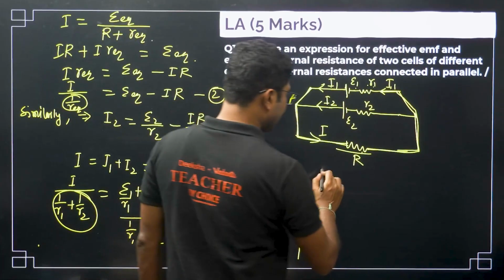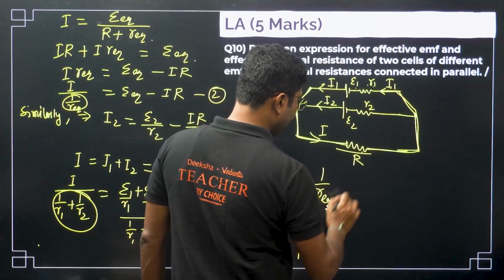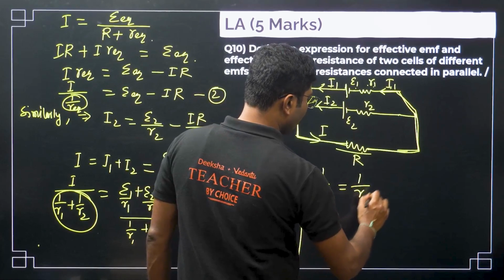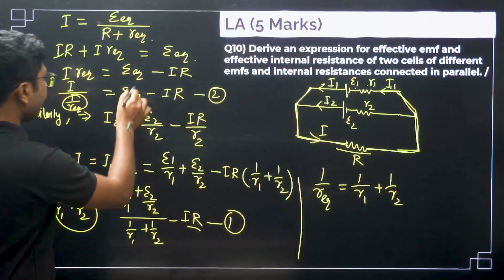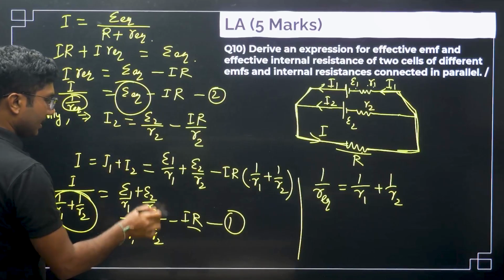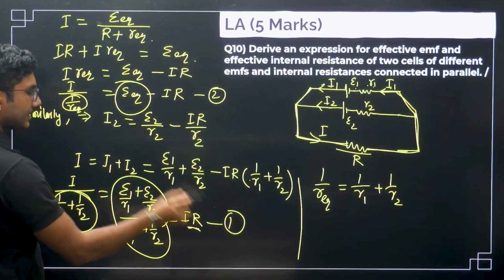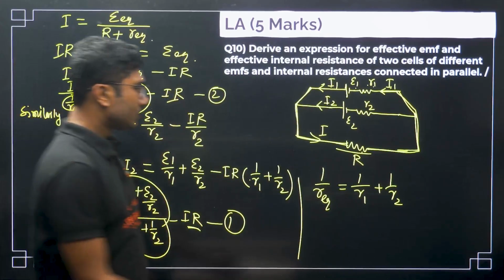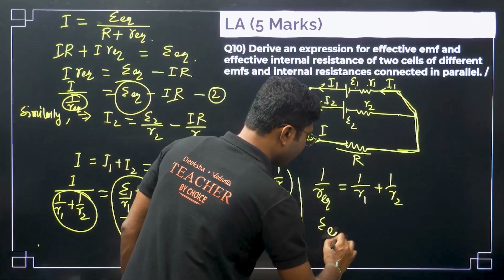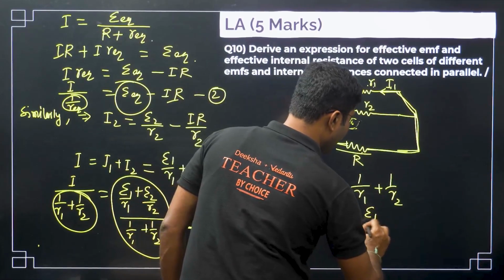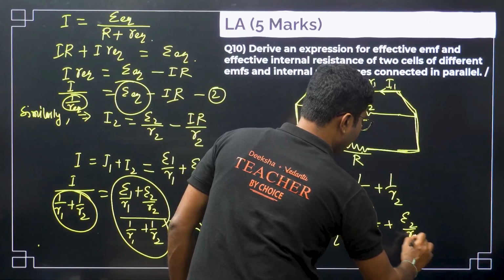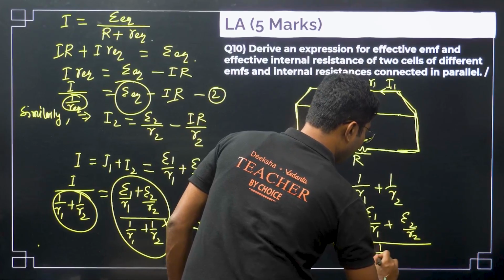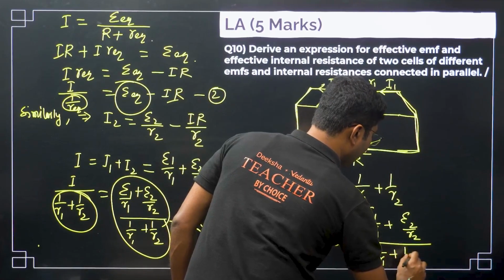So by comparing, this is a slightly difficult and tricky derivation. If you compare epsilon equivalent, this must be the epsilon equivalent, right? Minus IR is there, so epsilon equivalent must be equal to epsilon 1 by R1 plus epsilon 2 by R2 divided by 1 upon R1 plus 1 upon R2.